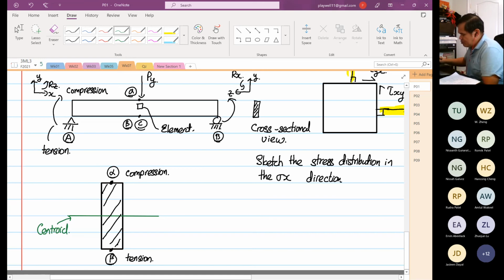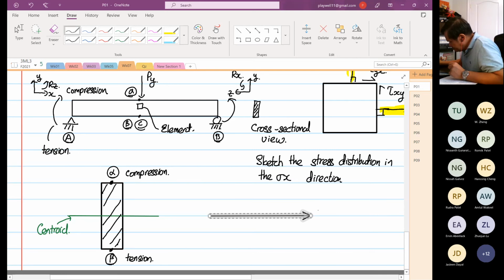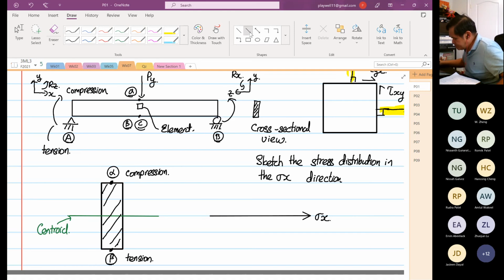So I'm going to draw an axis now. This axis over here is our stress X. And then I'm going to draw another vertical axis.